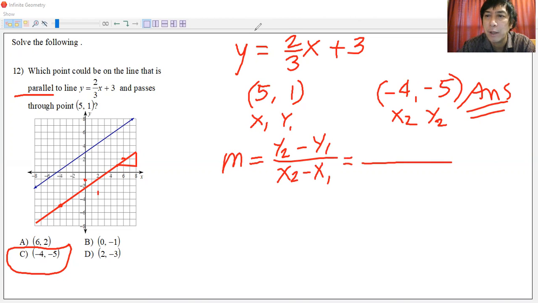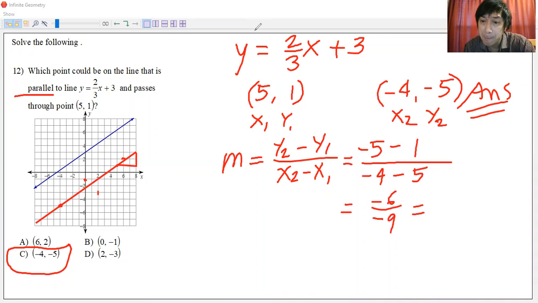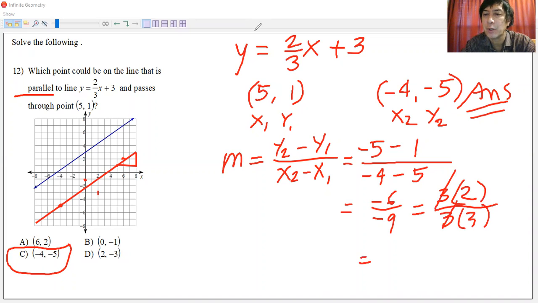We have y2, that's -5, minus y1, that's 1, over x2, which is -4, minus x1, that's 5. And this gives us -6 over -9. Negative divided by negative is positive, and 6 is 3 times 2, and 9 is 3 times 3. Cancel 3, we have 2/3. There.